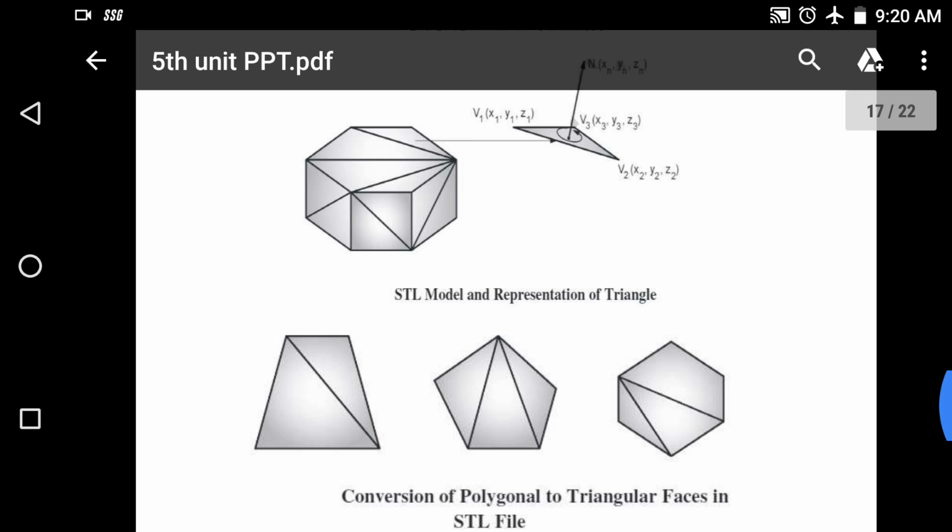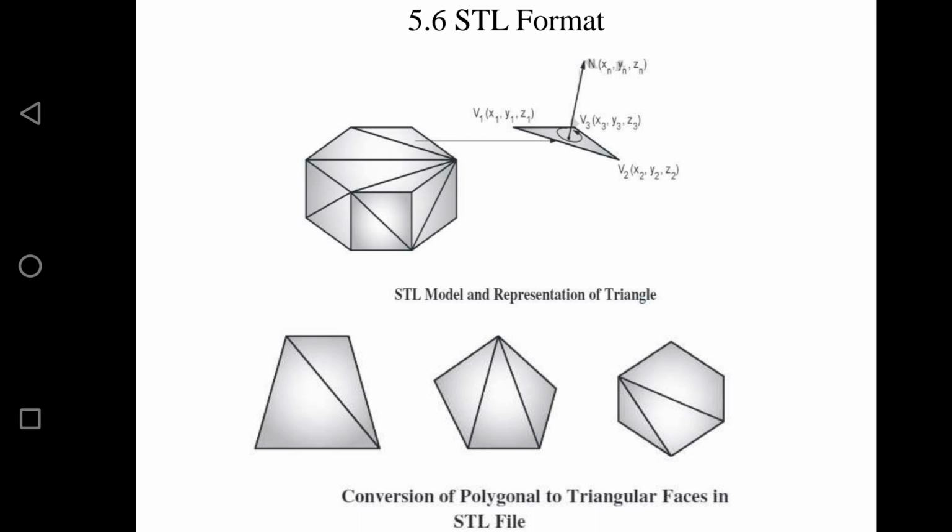And also it is used by most CAD systems and rapid prototyping systems, because it has a common file format. Okay, and also it can provide small and accurate files for data transfer for certain simple shapes. Okay, so these are the advantages of the STL file format.